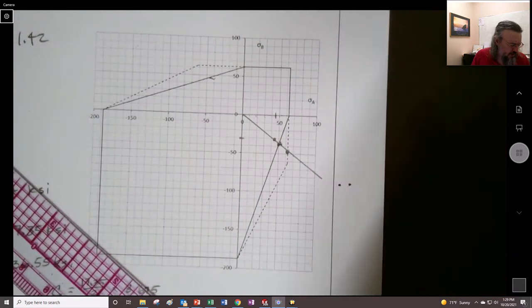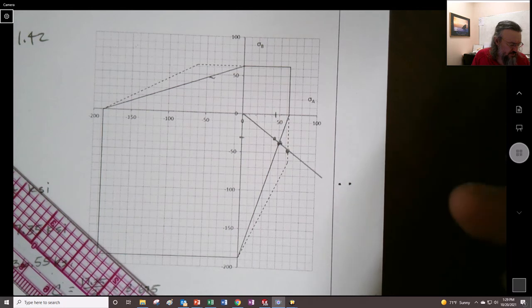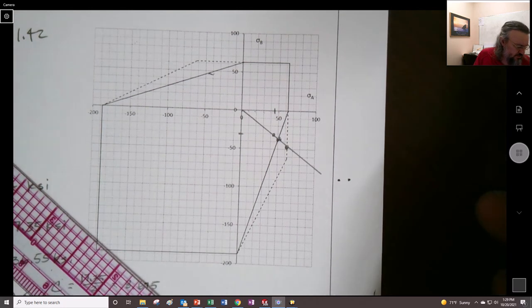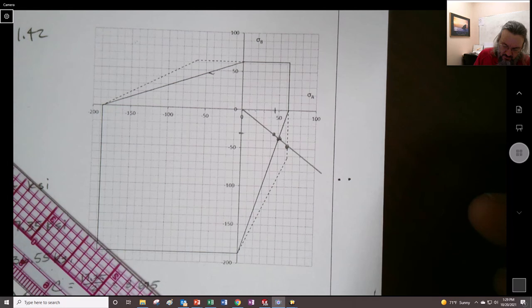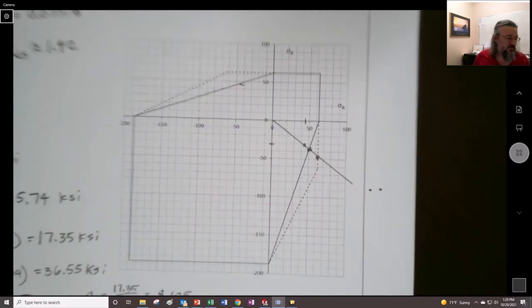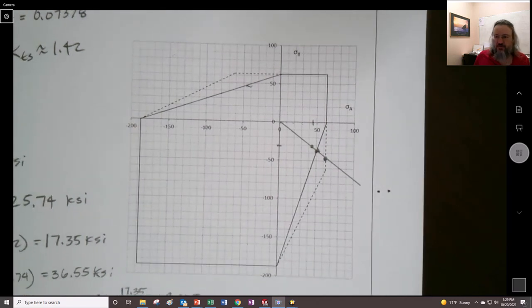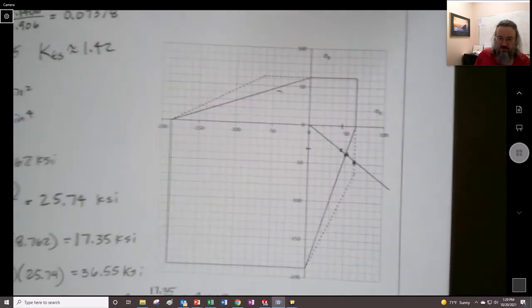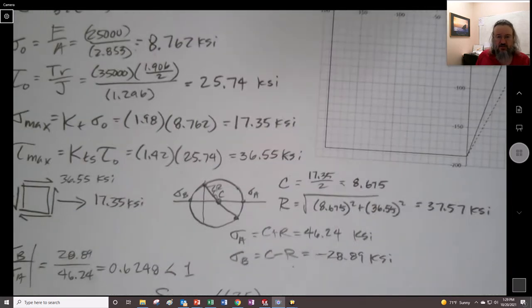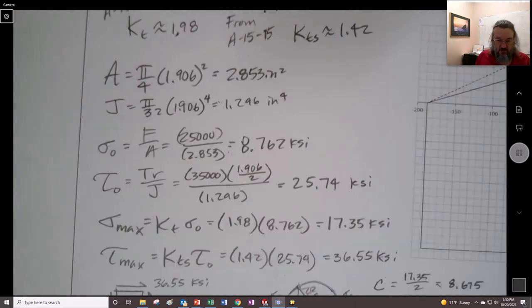Now I got an interesting thing. I said that compared to the distortion energy theory, I don't think that's true. If you were to take the distortion energy theory instead, it shouldn't be that much smaller. I don't know. But anyway, I'm not going to even check on it. It's a good problem to maybe check with the FEA. But we wanted to find von Mises for this. So let's just do a really quick check. I'm just curious.